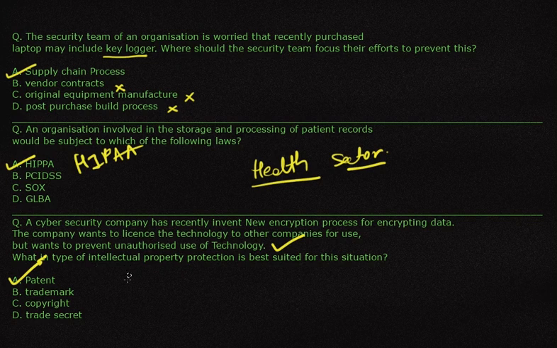When you patent a certain process, you have ownership rights to that process, that invention, for a certain period of time, and you can license it to other companies for production by getting royalty fees. Trademarks are not applicable here. Copyright is also not applicable, and trade secret is also not applicable.